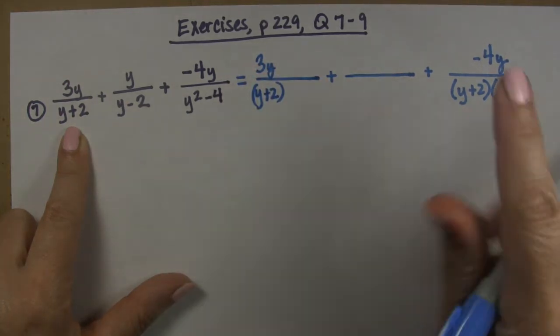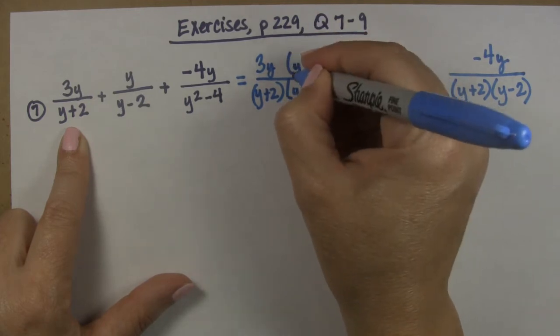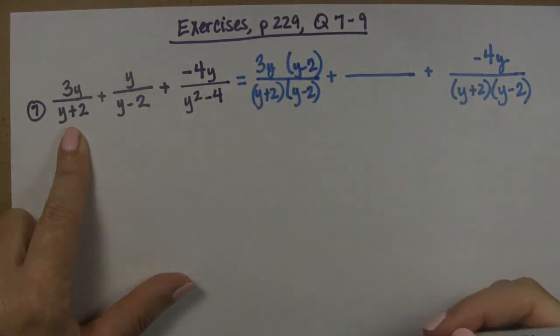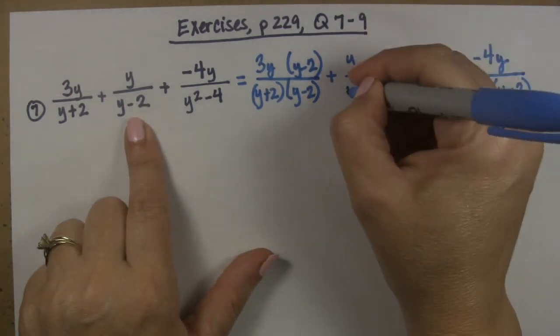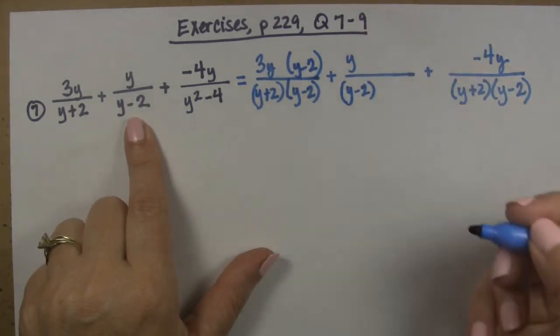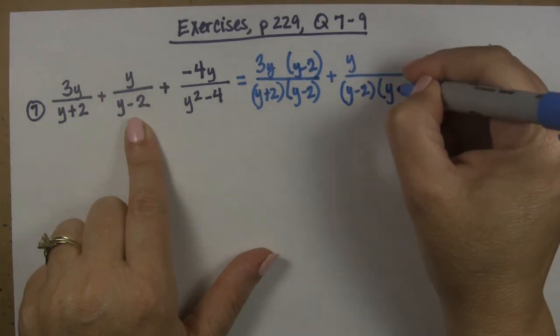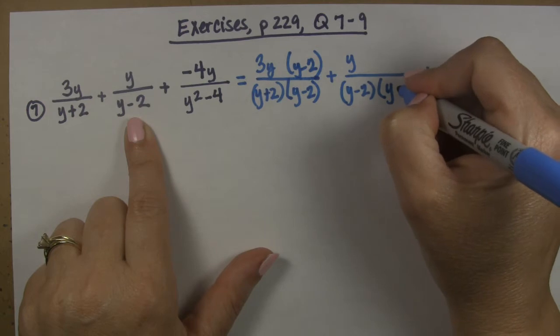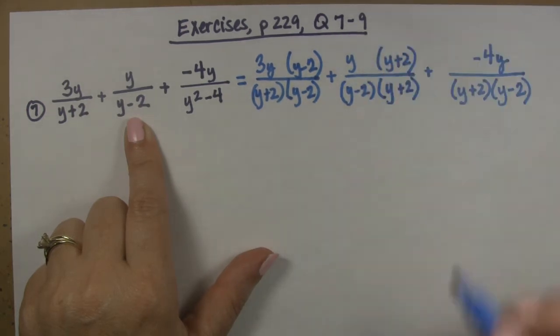What I need to do is multiply the numerator and the denominator by y minus 2. And in the second fraction, I already have y minus 2 in the denominator. So now I just need to multiply both the numerator and the denominator by y plus 2.